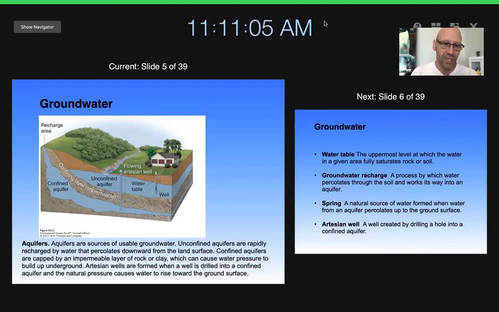Because when you consider this image here on the screen, what you see is this blue area under the ground, and it makes you think that an aquifer is a void under the ground that is filled with water. It's almost like it's an underground pool of water. It's not. Instead, that aquifer layer is actually made up of stone.